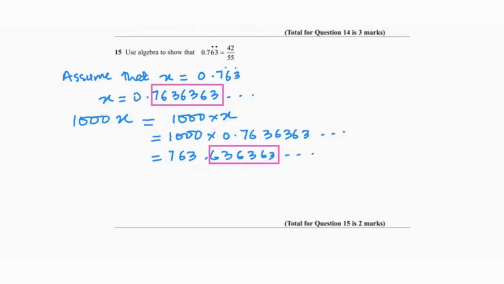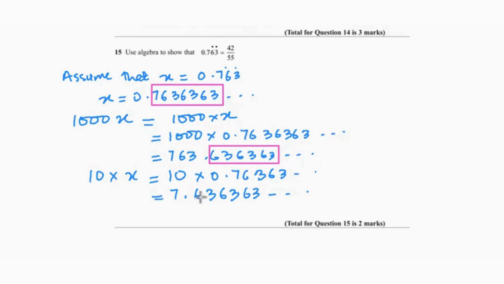So that means we need to multiply x with 10 now. That means it's going to be 10 times 0.763 recurring, and that will give us 7.63 recurring. Now, if you compare this with 1000x, this has the exact same numbers after the decimal. It's 636363, repeated several times.